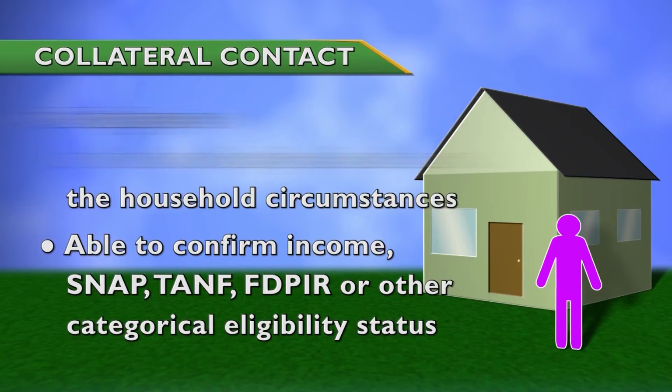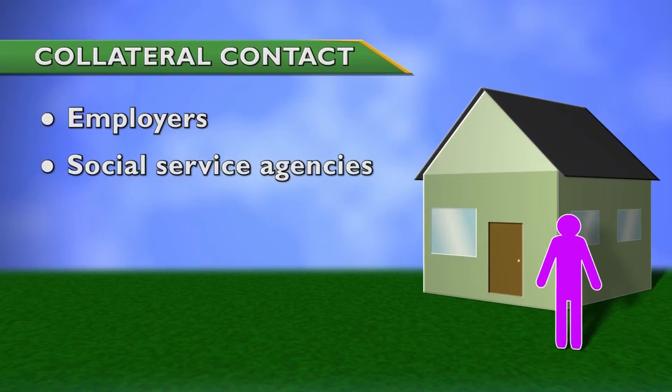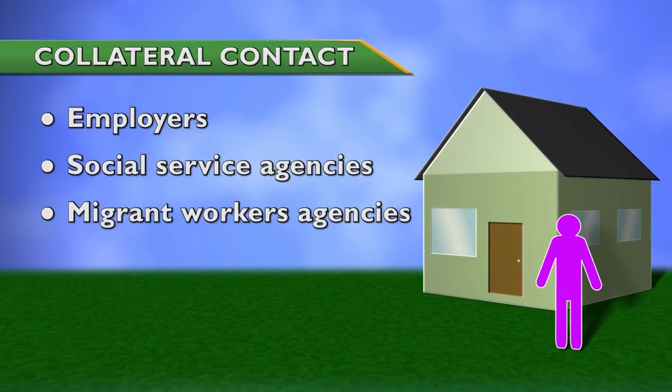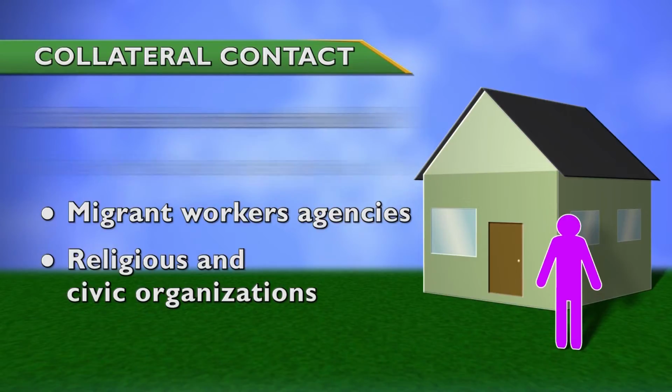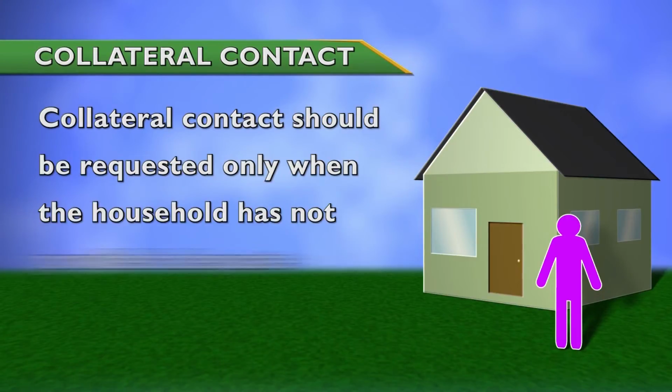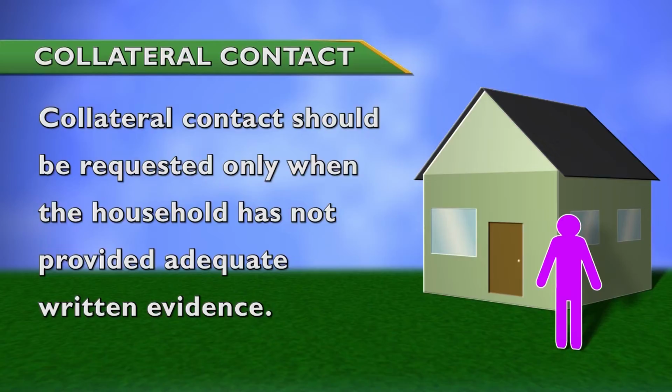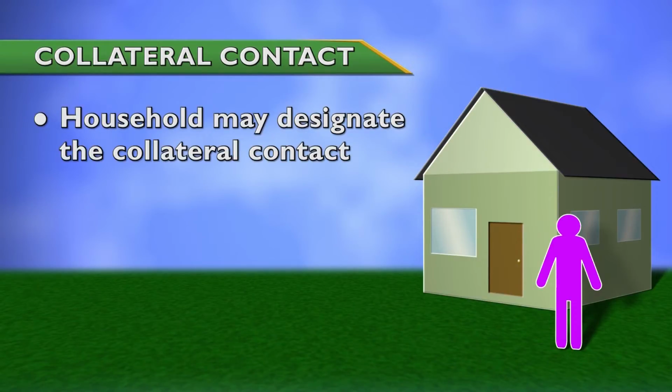Collateral contacts include employers, social service agencies, migrant workers agencies, and religious or civic organizations. The verifying official should request a collateral contact only in cases when the household has not been able to provide adequate written evidence. The verifying official must give the household the opportunity to designate the collateral contact.